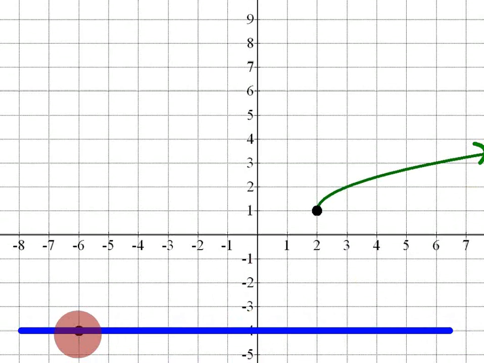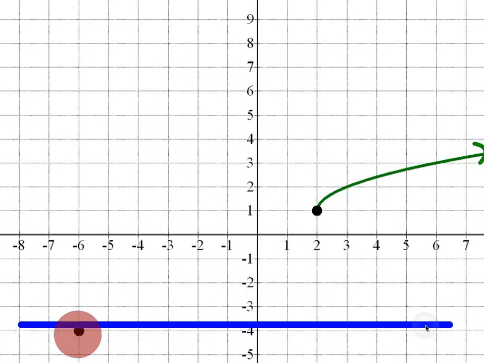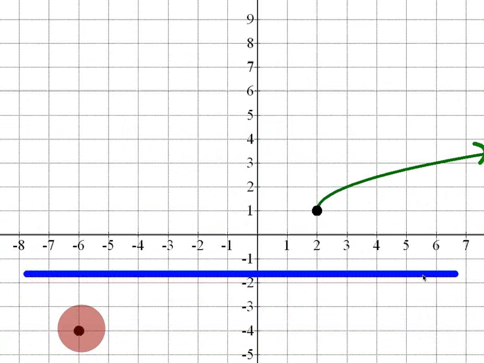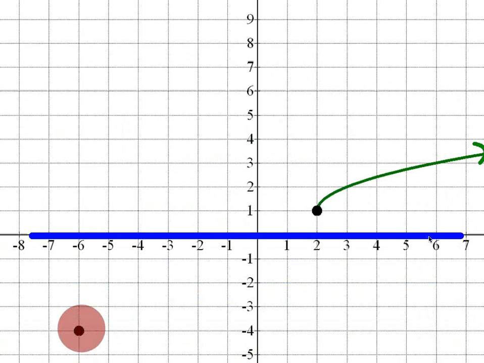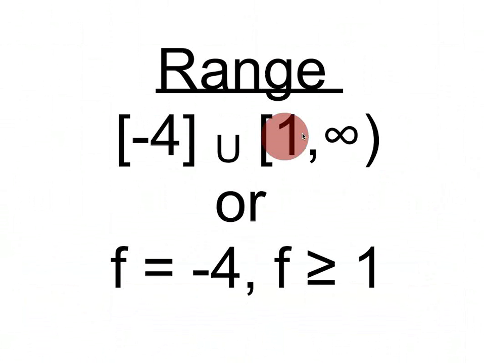Since it crosses at -4, we're going to put a bracket around -4, and that's going to be part of our range. But it's not going to touch right afterwards, so it's just a single place at y equals -4 where it touches the graph, which is that individual point. Keep going, doesn't touch, doesn't touch. Not going to touch until y equals 1, and since it does touch at that point, we're going to put a bracket there.